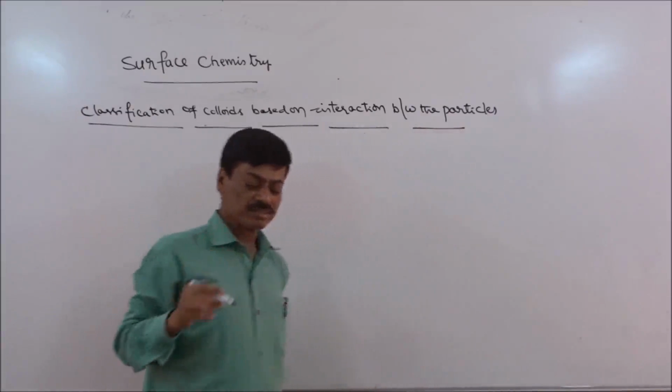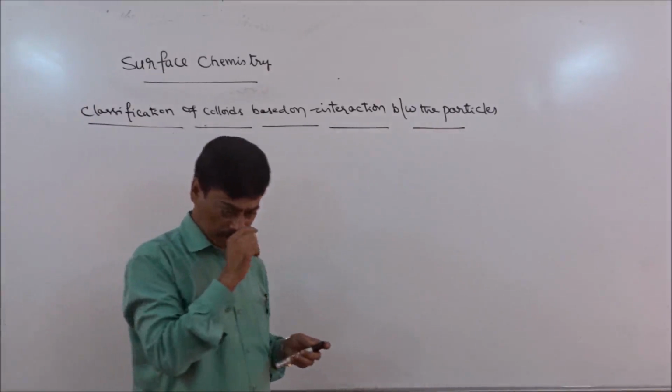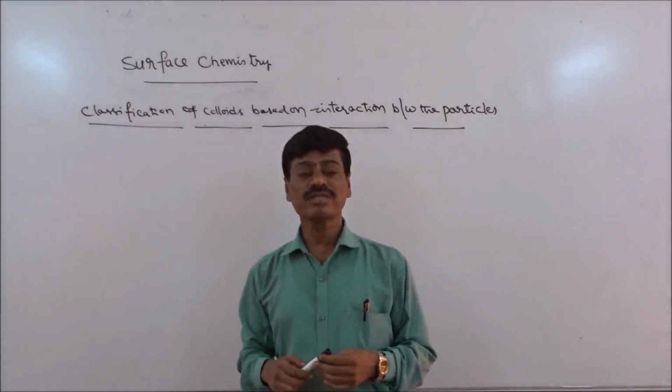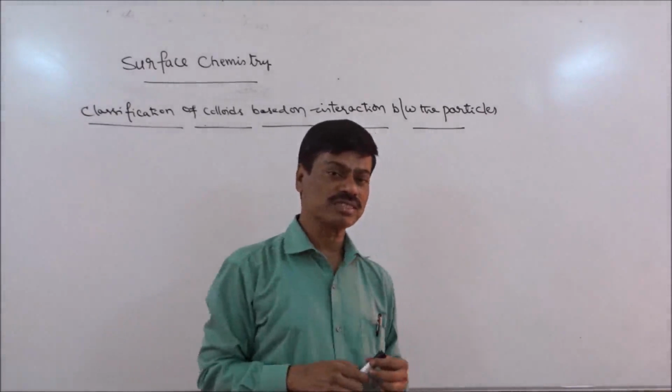So colloids means those substances wherein the sizes of particles lie between 1 to 1000 nanometers.